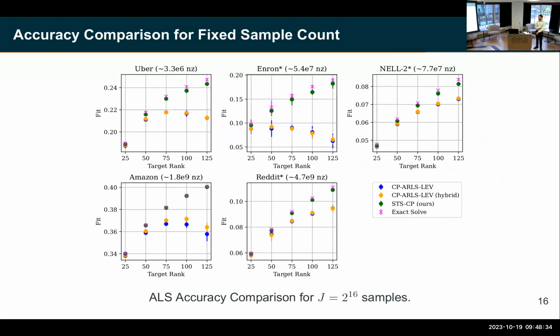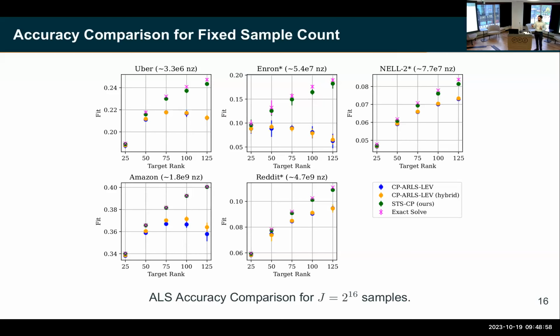Okay, so let's plug this in and actually decompose these large sparse tensors. These range in non-zero counts from 3.3 million to 4.7 billion non-zeros. Here on the x-axis I have target rank, and on the y-axis, accuracy or fit. You can see that our method, which we call STS-CP, very closely replicates the fit achieved by non-randomized ALS.